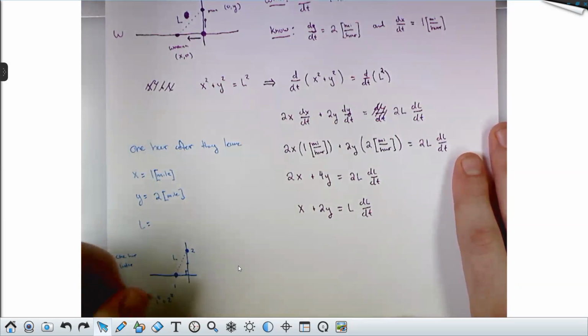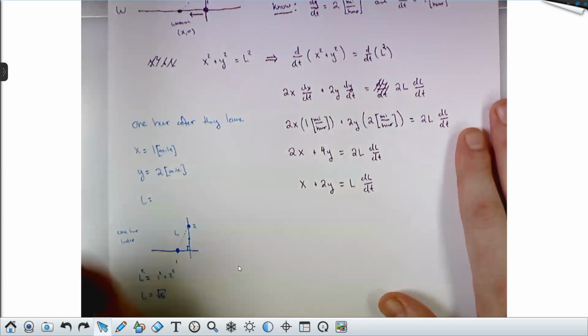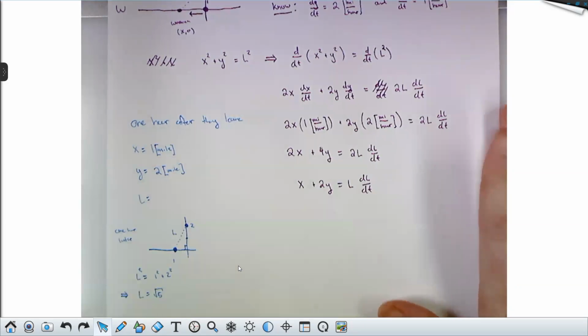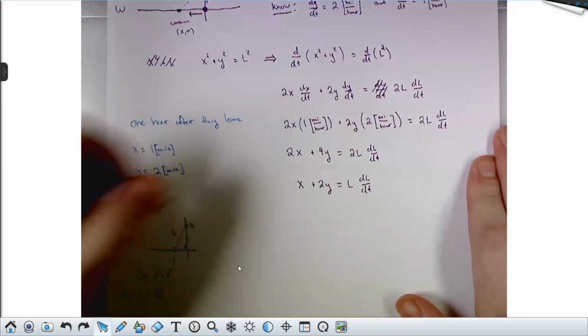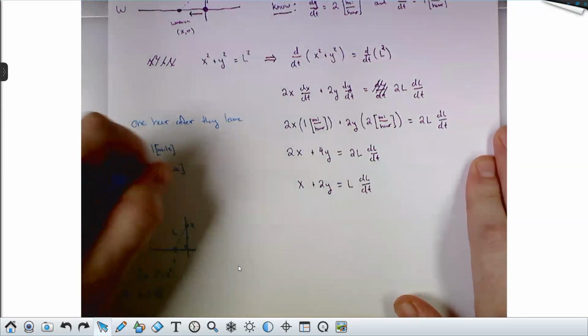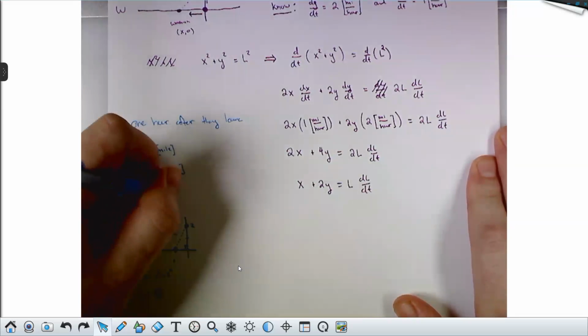In other words, L is the square root of 5 at that moment. Technically, when you take the square root, you get a plus and a minus, but L is a distance, right? It's a length. So it's definitely not the negative square root of 5, it's the positive square root of 5. So you can plug that back in up here. L would then be the square root of 5, and this is also being measured in miles.